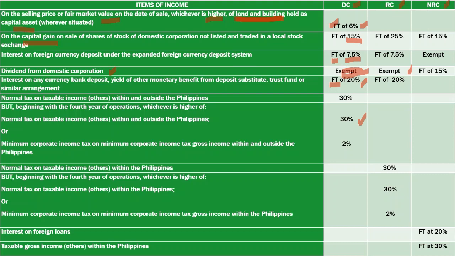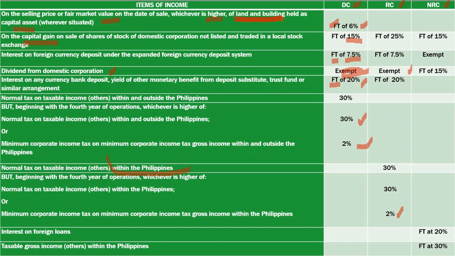So again, the normal tax on the taxable income within and outside the Philippines for domestic corporation is 30%. On the fourth taxable year, i-apply naman na yung MCIT. In the case of the resident corporation, take note, lahat lang ng income within the Philippines. And it is also subject to MCIT on the fourth taxable year.